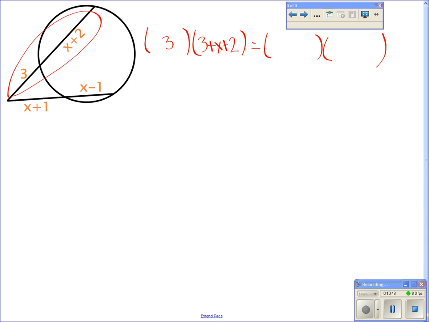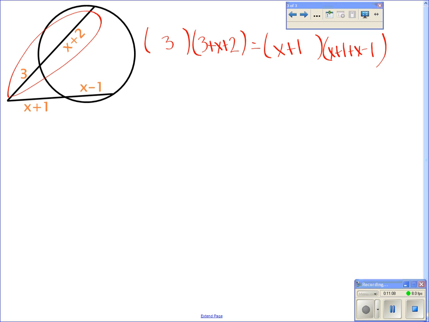What about the other side, the outside? X plus 1 plus X minus 1. So it's always the outside, and then you multiply it by the 2 things added together.